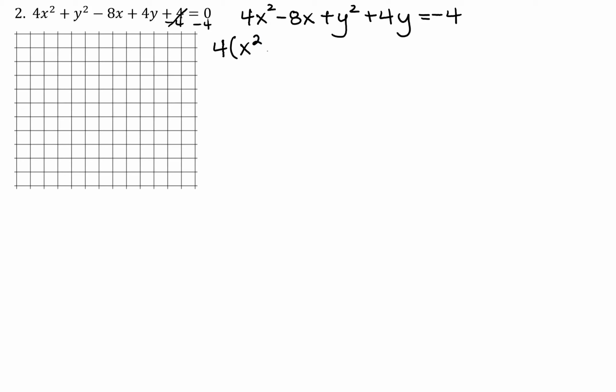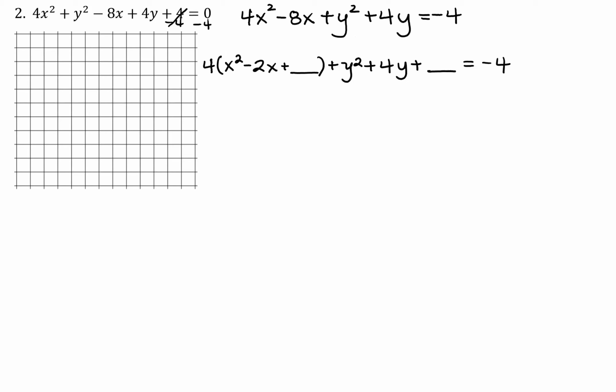That leaves me with x squared minus 2x. And I will leave a blank space right here because we will add something in. I don't have to worry about the y's because the number in front of y squared was already 1. And we're going to leave a blank space right there as well.